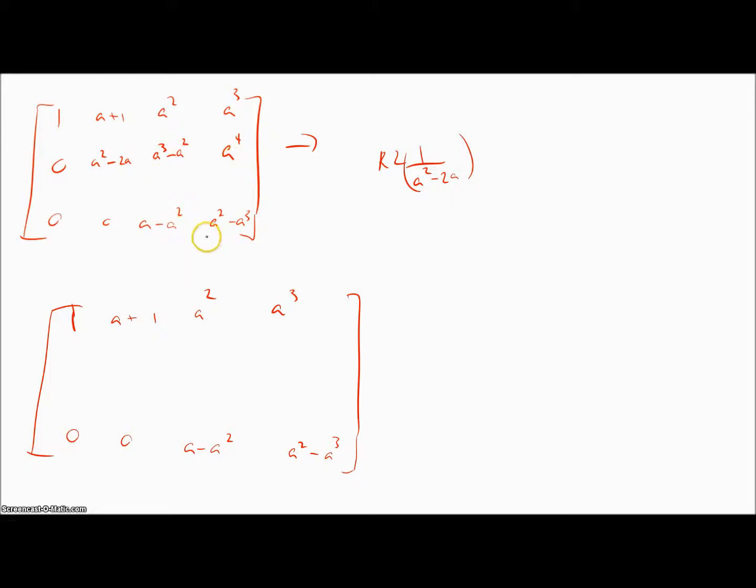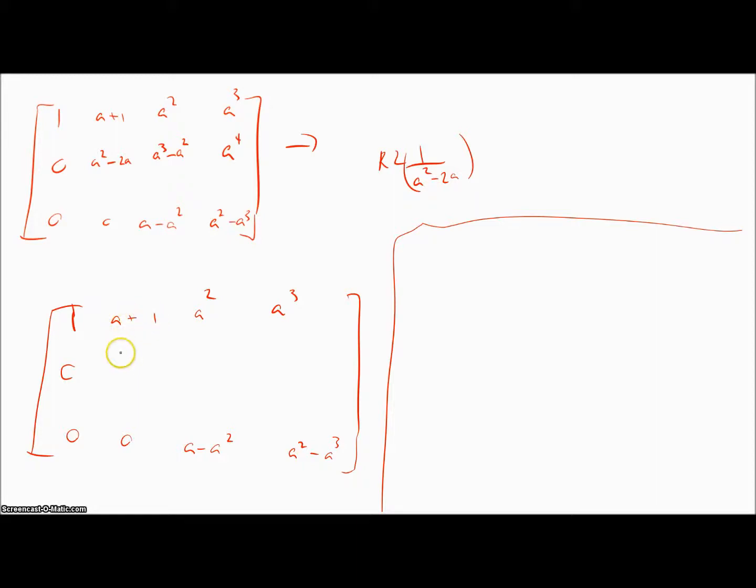That's easy to do. And then row 2, this 0 part, think about 0 times this. What would it be? Well, you get 0 on the top, a squared minus 2a on the bottom, which is fine because that just ends up being 0.